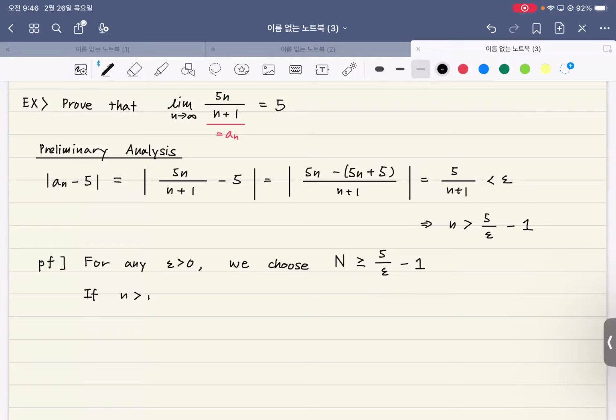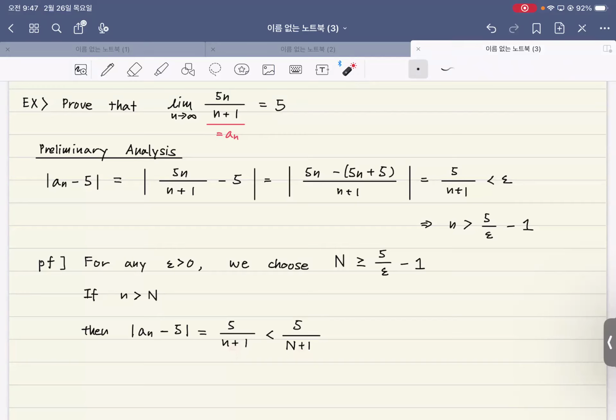If my n is greater than this N, then a_n minus 5, because of this computation, we know equals 5 over n plus 1. And n is greater than this large N. Now this n is not in the numerator but in the denominator, so this guy must be smaller than this.